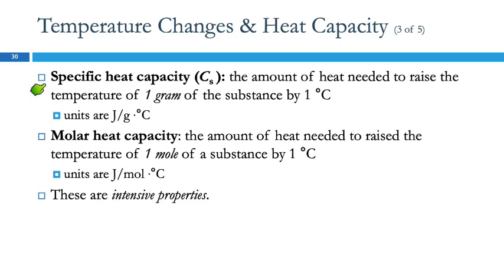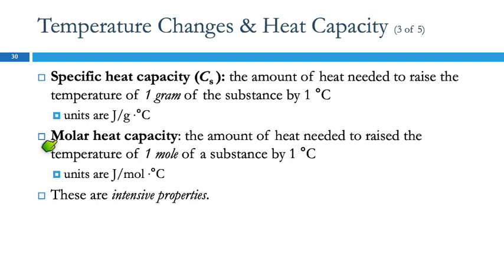So the specific heat capacity is the amount of heat needed to raise the temperature of 1 gram of that substance by 1 degree. So 1 gram of water in the small pot, 1 gram of water in the big pot, those are the same. They're going to have the same specific heat capacity. So the units for that are going to be joules per gram degrees Celsius.